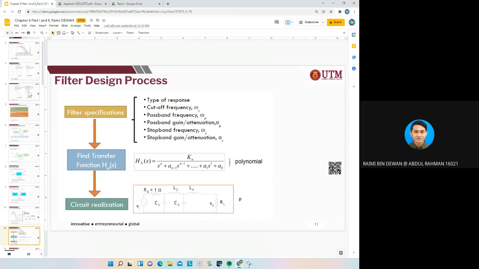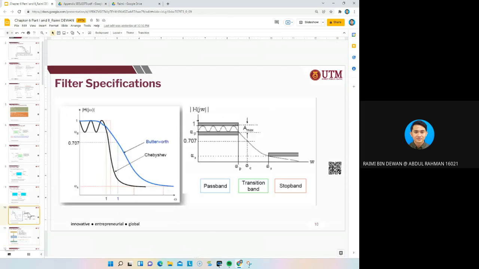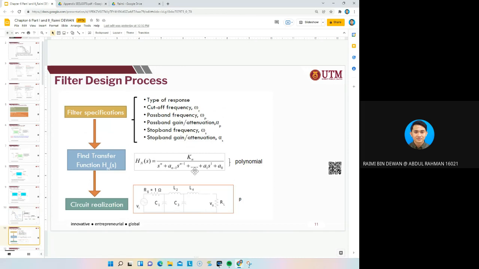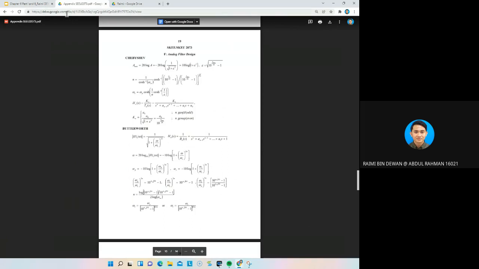So here the equation that is being shown is for which filter? So let's see. It is a Butterworth filter. Okay, filter response. So you can see it in your appendix.